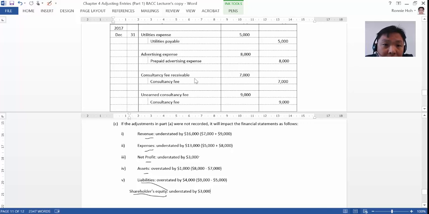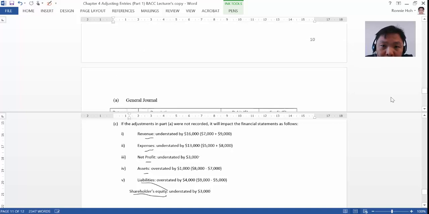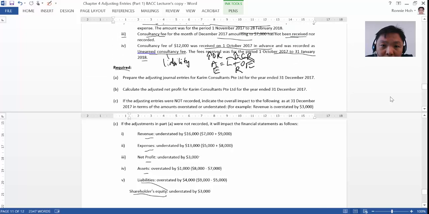If you look with me, the accounts that relate to revenue should be which ones? Should be adjusting entry number 3 and 4, right? Because can you see consultancy fee? So these two are revenue, and these two accounts were credited. When you credit revenue, it is to, can you remember? If not, scroll up.